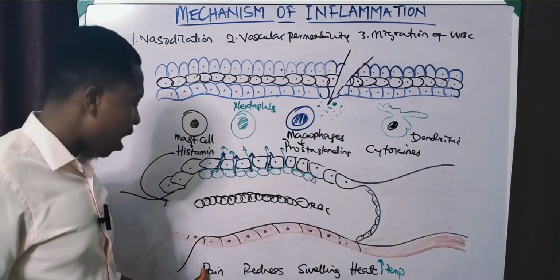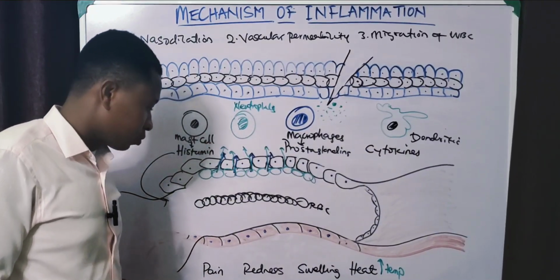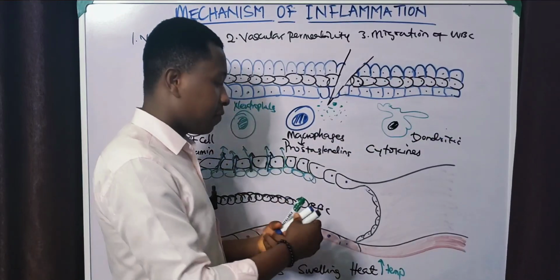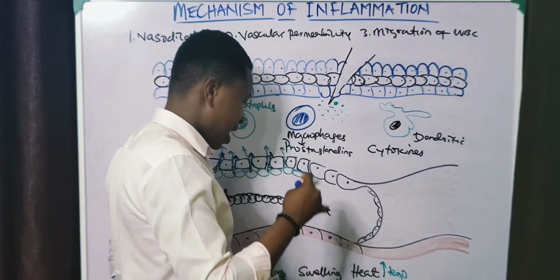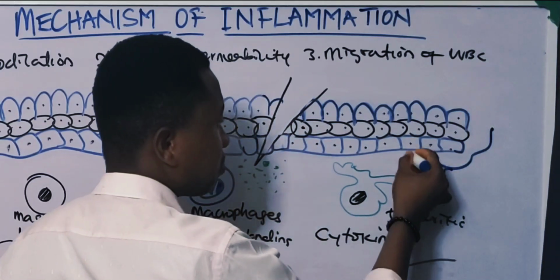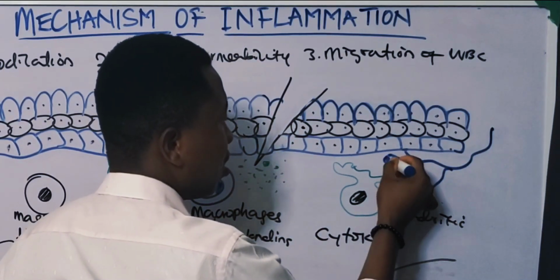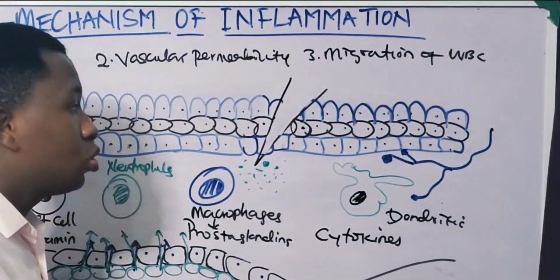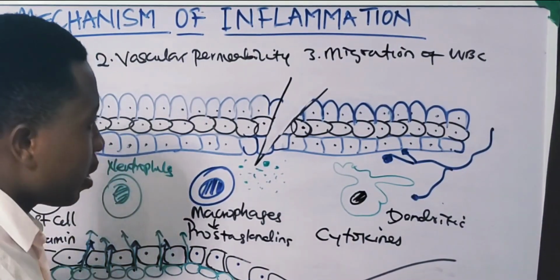All right. And how do we now categorize the pain? Now, in the skin, we have receptors, things like nerves. These nerves send information to the brain. They don't just do that on their own.